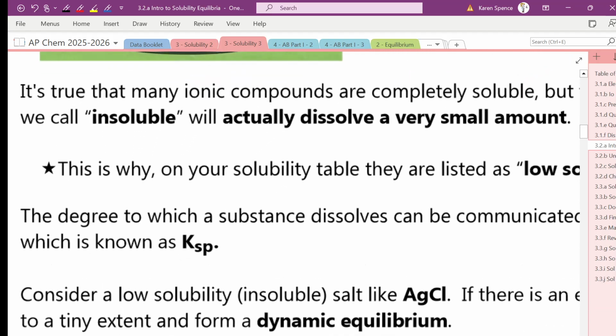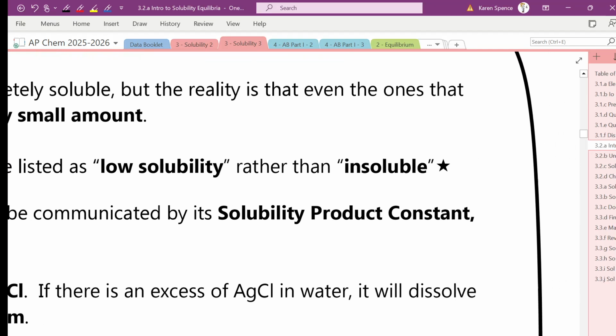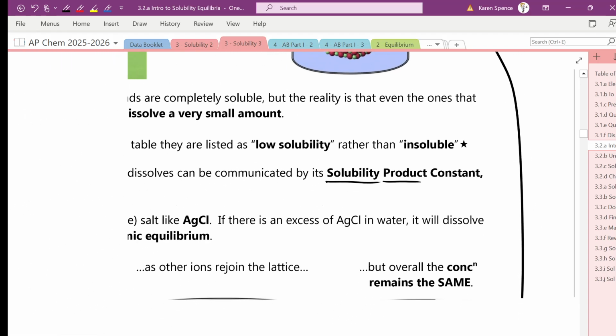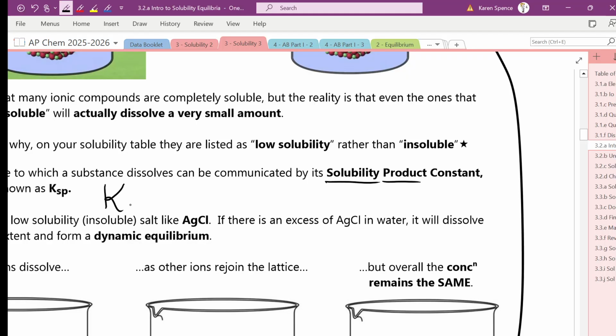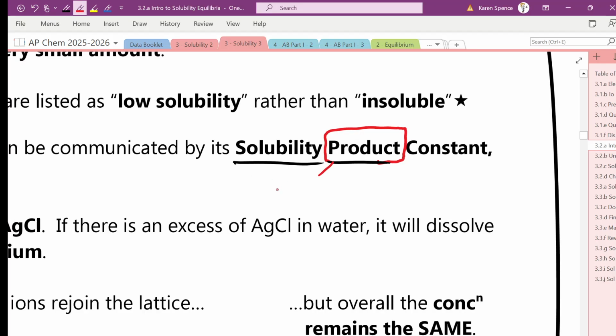Now, the degree to which a substance dissolved can be communicated by the solubility product constant, which is known as the KSP. And if we're like, what is this product of which they speak? What are we multiplying?